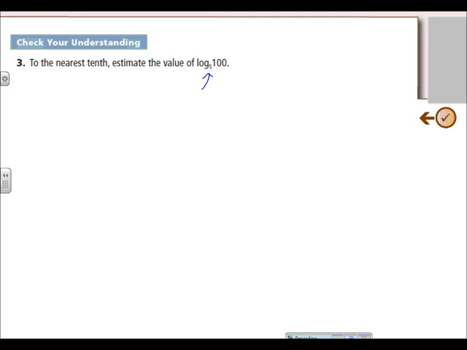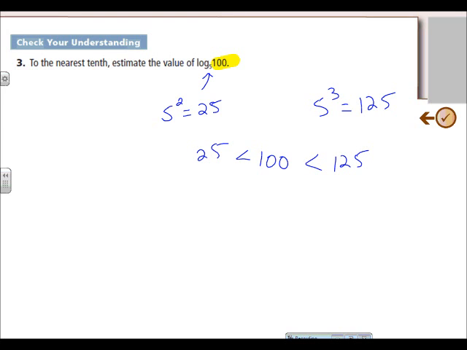So we're looking at a base of 5. So I'm going to take anything that's a base of 5 on either side of 100. I know that 5 squared is 25. I also know that 5 cubed is equal to 125. So 100 is somewhere in between 25 and 125.